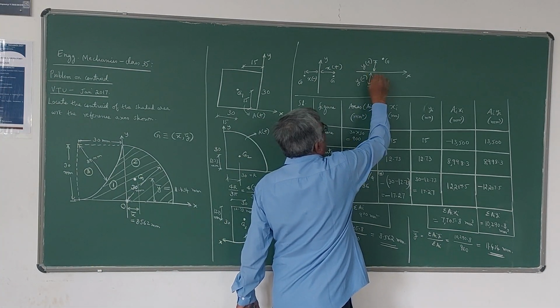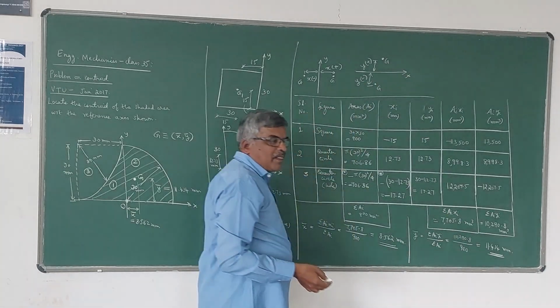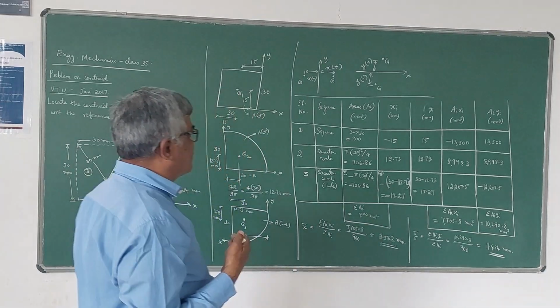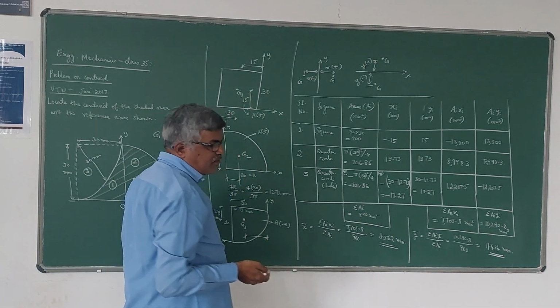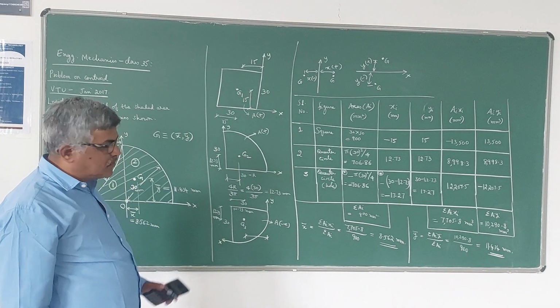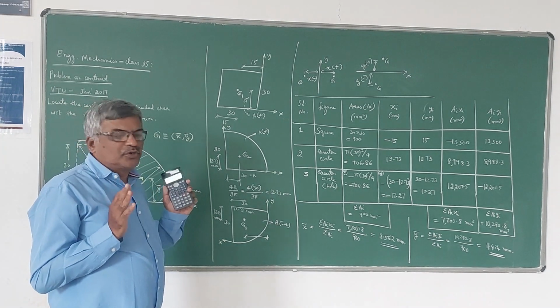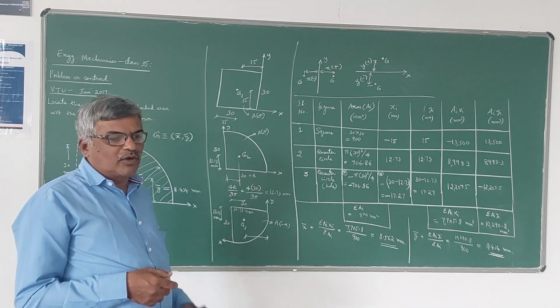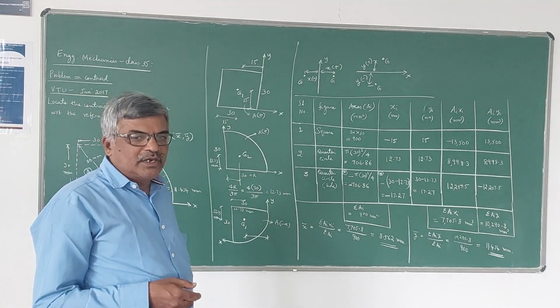Similarly, if the centroid lies above the x-axis, the y distance is positive. Below the x-axis, the y distance is negative. And area is negative if it is a cutout portion. These three concepts you should remember whenever you are solving problems of location of centroids of composite sections.